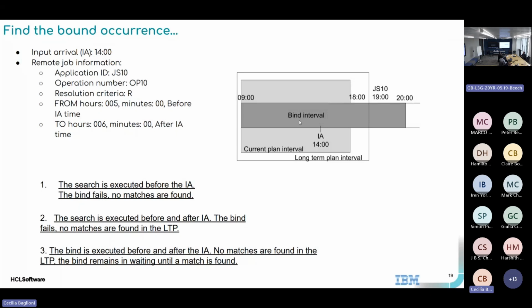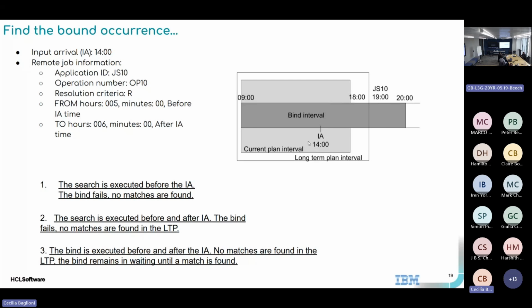In this case, we have the same bind interval, same input arrival, but the occurrence is only one, JS10 at 7 p.m. And we have three different solutions. First, the search is executed before the input arrival, and the bind fails because no matches are found.